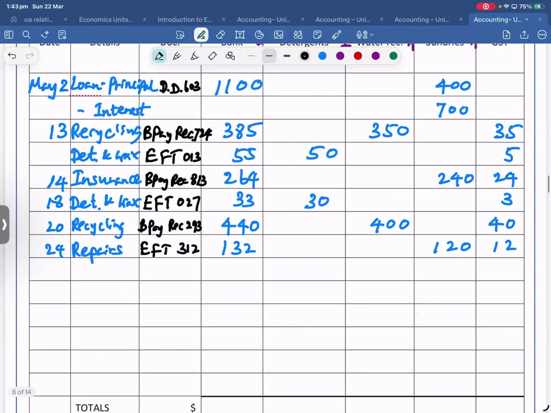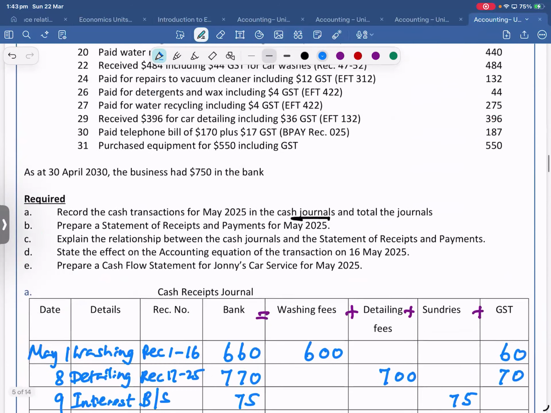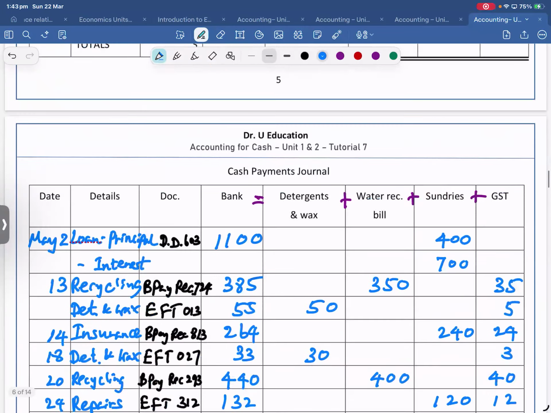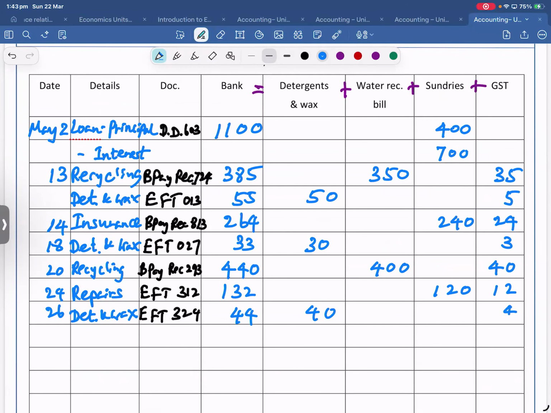Yeah. Detergent and wax. Forty here and 4 GST.